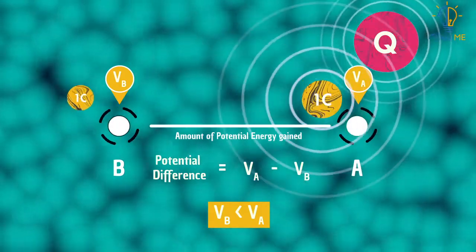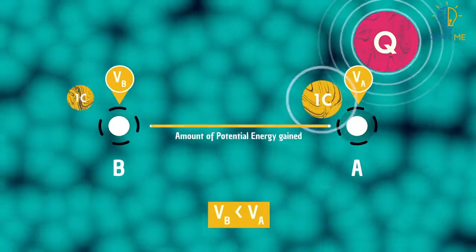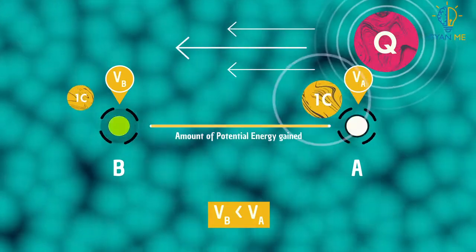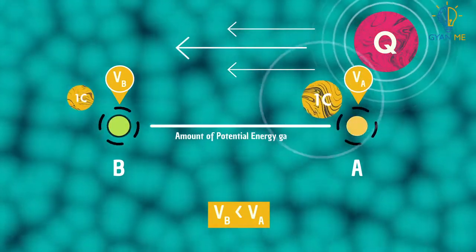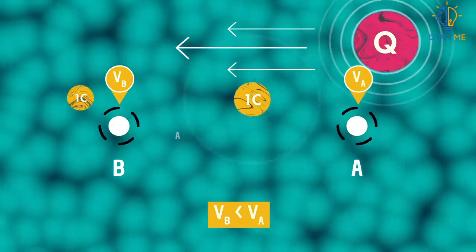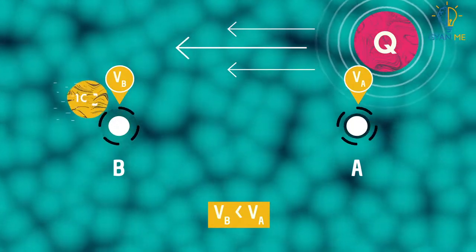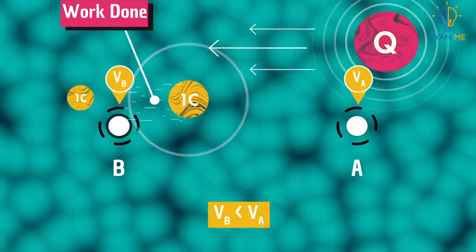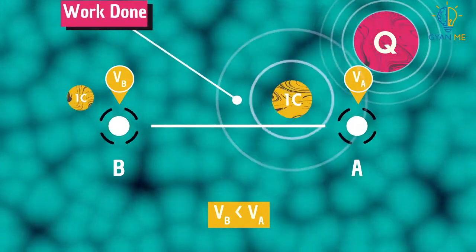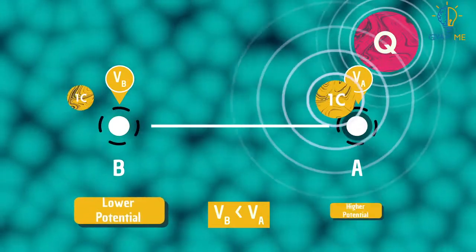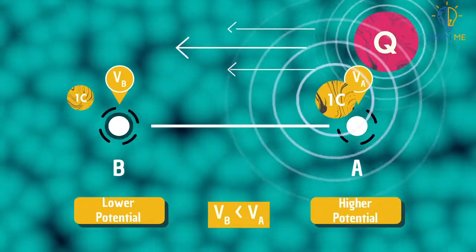The difference in electric potential energy of a unit charge between 2 points within an electric field is called electric potential difference. It is also defined as the amount of work done to move a unit positive charge from a point of lower potential to a point of higher potential against the static electric field.